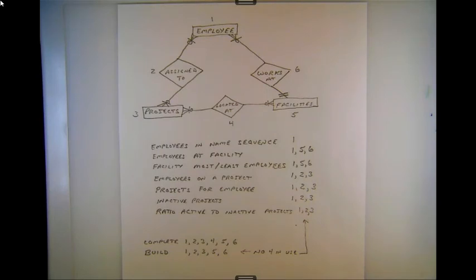My build is going to be 1, 2, 3, 5, and 6 because there's no 4 in what I need to satisfy the requirements or the specifications. So if I was to draw out what the build would be, I would leave number 4 off. Okay, does that make sense?